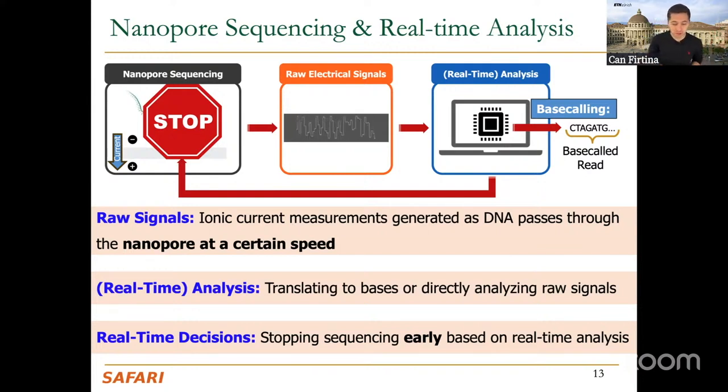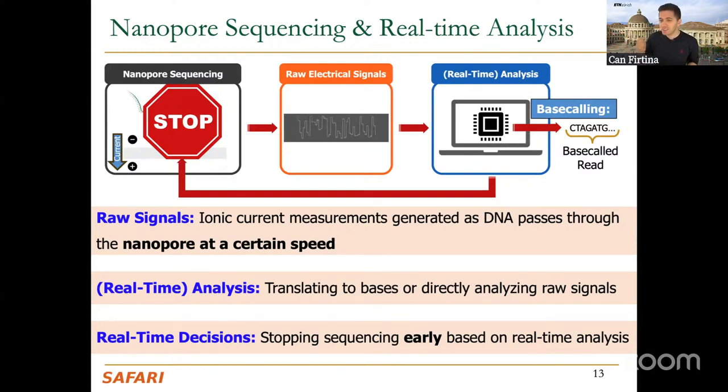We can give feedback to the sequencer. For example, if we understand that the read we're sequencing at a particular time is not interesting for us, for example, we realize that this DNA is somewhat contaminated in our sample. Maybe we're just interested in the human reads, but the read that we're analyzing is not coming from human, as far as we understand so far.